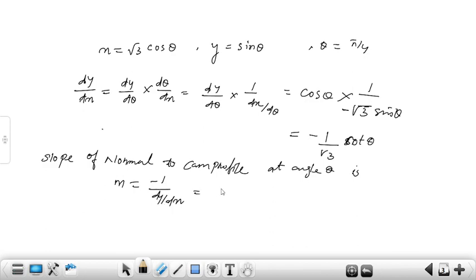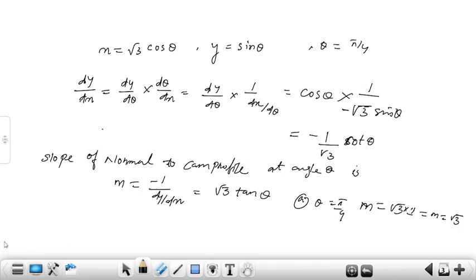So minus 1 by root 3 cot theta is equal to root 3 tan theta. So at theta is equal to pi by 4, m is equal to root 3 tan pi by 4, which is equal to 1. So m is equal to root 3.